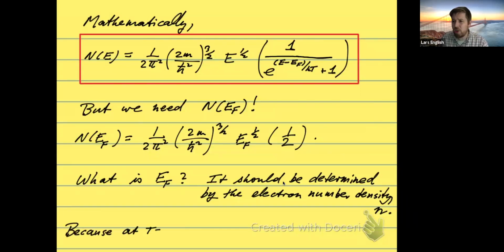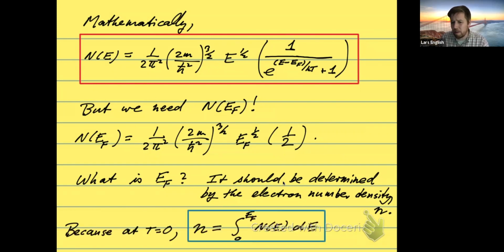And so that is actually true, right? And we can quantify that a little bit more. We can say that this little n, the total number density of electrons, should be given by an integral of this function here, n of E, from 0 to the Fermi energy when we evaluate this at T equals 0.